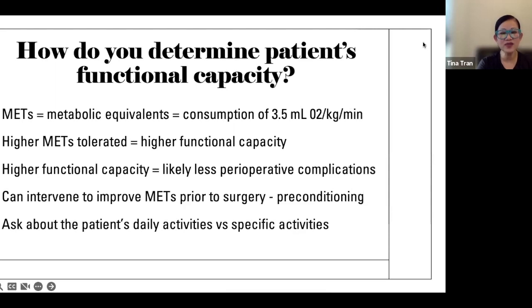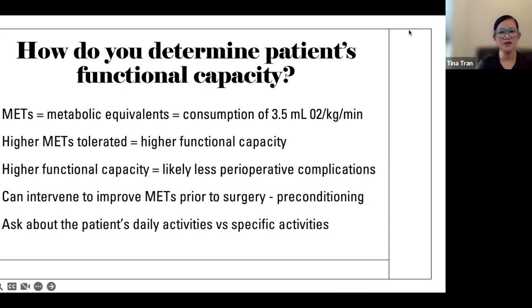You can intervene to improve their METs prior to surgery. These programs are called preconditioning programs, where they're actively encouraged to take walks, to get more steps in, to watch what they're eating, so that they're potentially starting at higher METs.